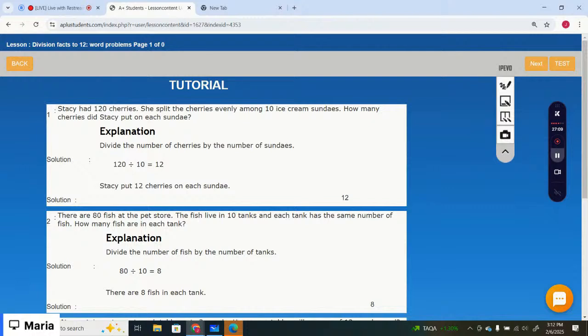You have to divide 120 by 10. 120 divided by 10 is 12, because 10 times 12 is 120. So the correct option is 12.